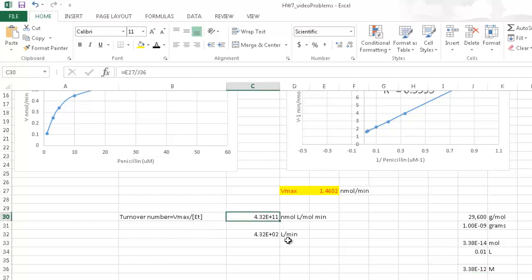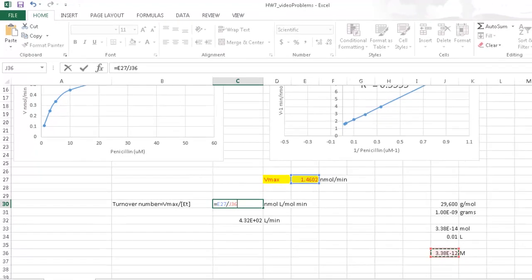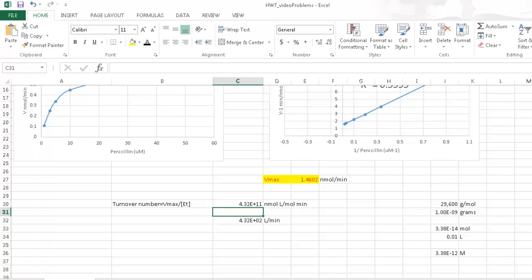And when you do that, if you take our Vmax, which is 1.462, divide this by 3.38 times 10 to the minus 12 molar, you get 4.32 times 10 to the 11. But look at your units, okay? Always be aware of the units.